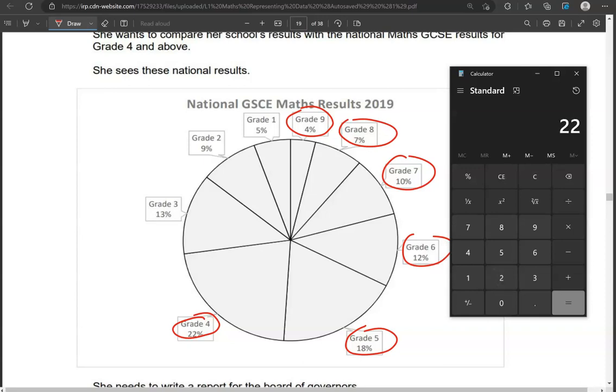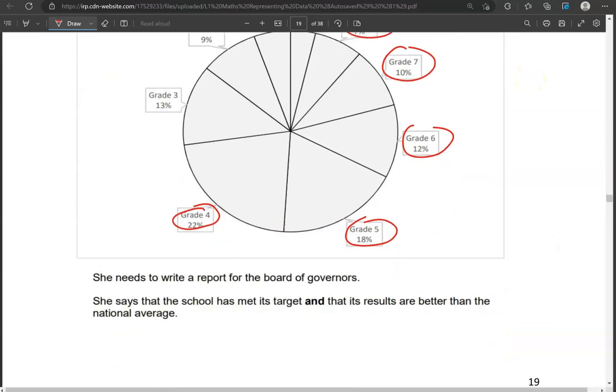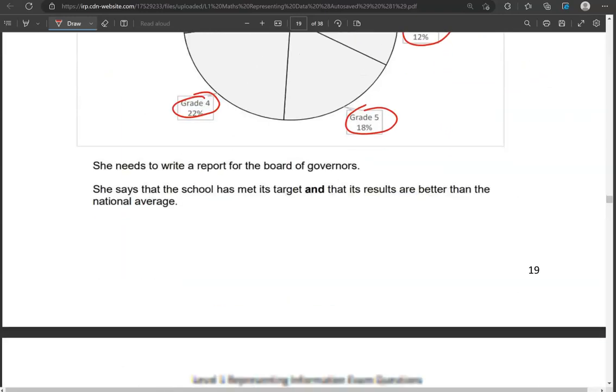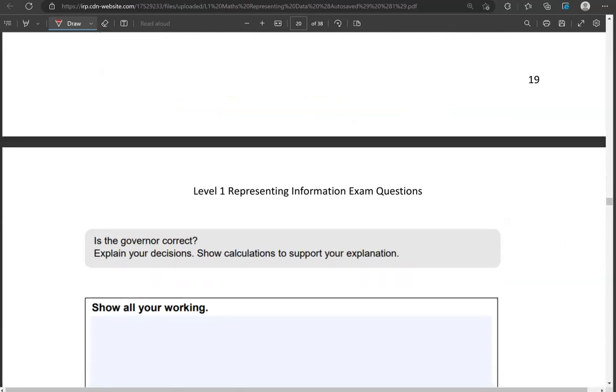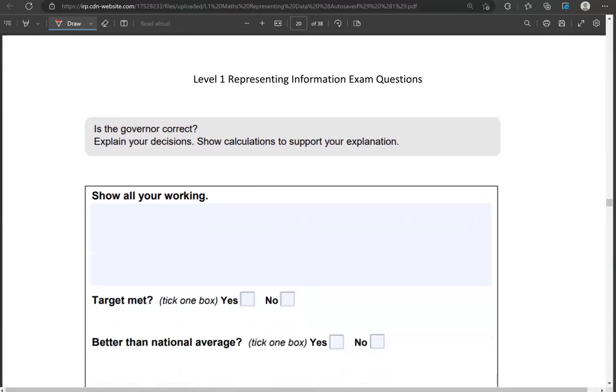So 22% plus 18% plus 12% plus 10% plus 7% plus 4%. So that is 73%. So what we're going to say, the target has been met, but they're not better than the national average.